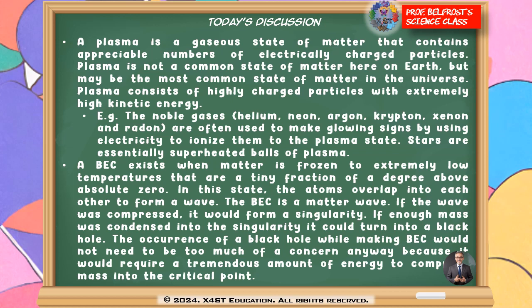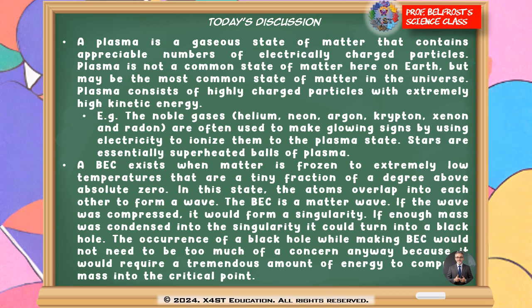Stars, the second example, are essentially superheated balls of plasma. Then the fifth state, a BEC, Bose-Einstein condensate, exists when matter is frozen to extremely low temperature, a tiny fraction of a degree above absolute zero, 0 Kelvin. In this state, the atoms overlap into each other to form a wave. The BEC is a matter wave. If the wave was compressed, it would form a singularity. What's a singularity?